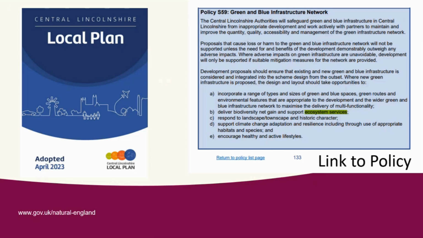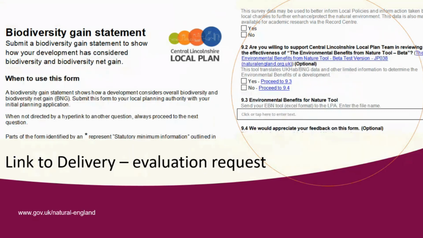So here is the link between ecosystem services and policy, linked to biodiversity net gain under that green infrastructure heading, and then the link here with delivery and the link here with the environmental benefits from nature tool is a prompt you can see on the right hand side requesting those completing the biodiversity net gain statement, asking whether they'd be willing to complete and submit an environmental benefits from nature tool assessment to be able to help them review the potential effectiveness of the tool within planning.